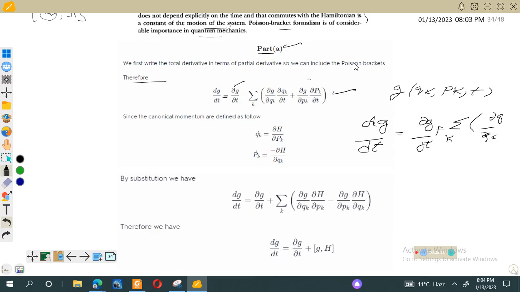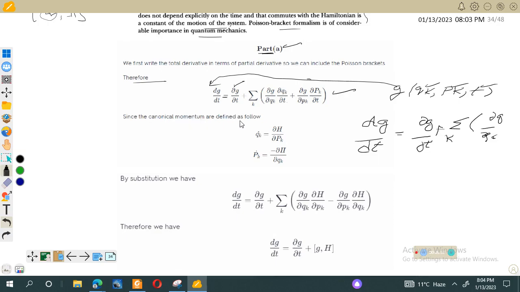This is the total derivative we can write from calculus, since g depends upon these variables.